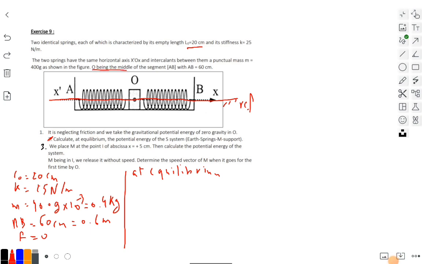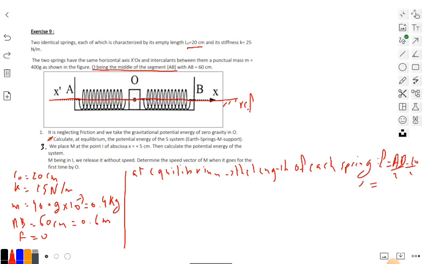O being the middle of the segment AB, the length of each spring is L equal AB over 2. So it's equal to 60 over 2, L equal 30 centimeters.